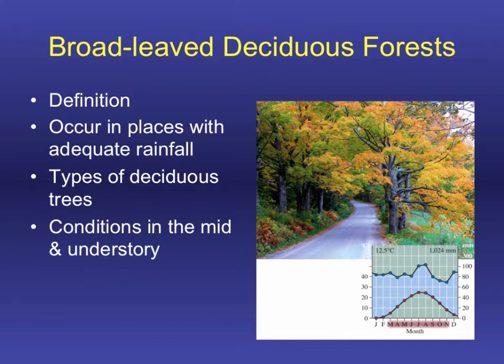So we talked before in the previous section about the differences between cold deciduous forests and drought deciduous forests. Drought deciduous forests are those that occur in places where there is a dry season, and cold deciduous forests are those that occur where there is a discrete period of wintertime where temperatures are cold. In these broadleaf deciduous forests, what you're going to find is that the midstory and the understory are very, very dark.